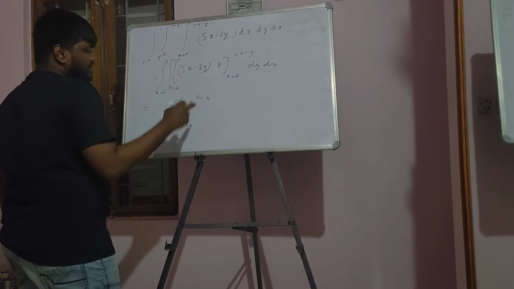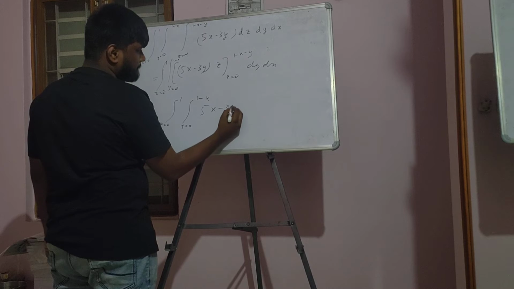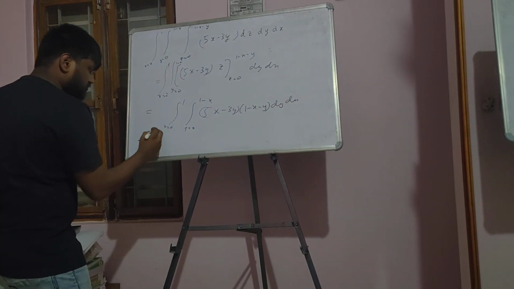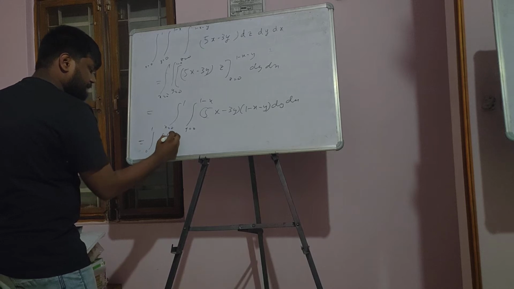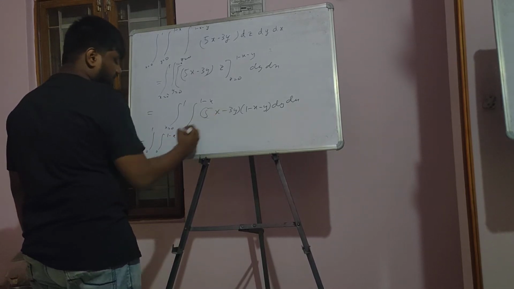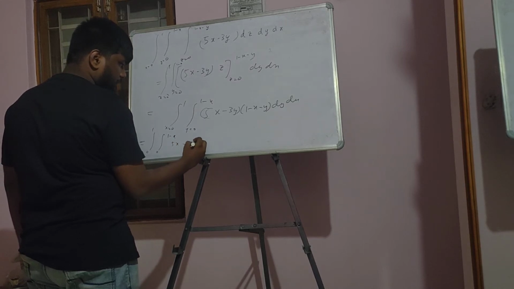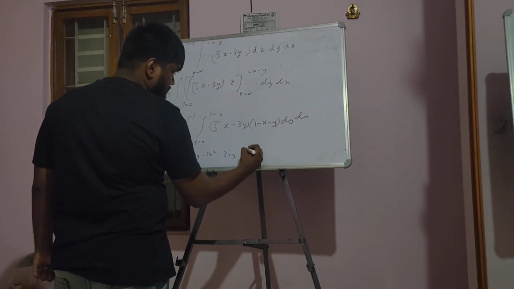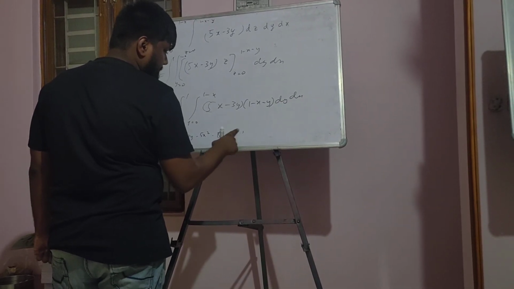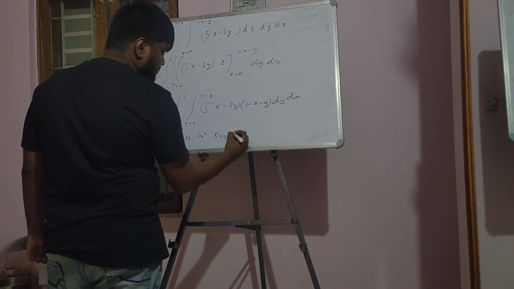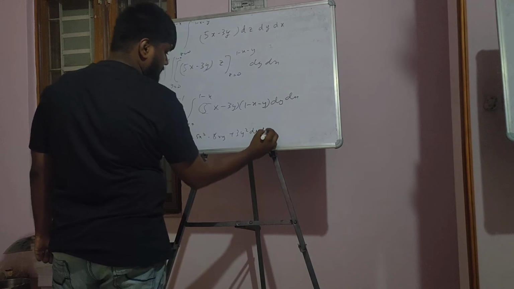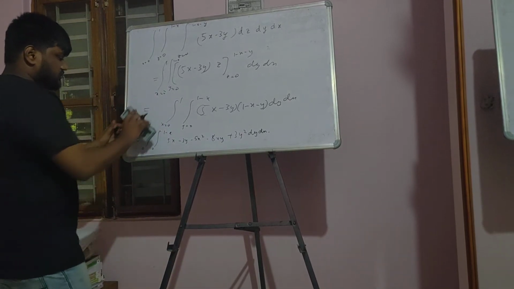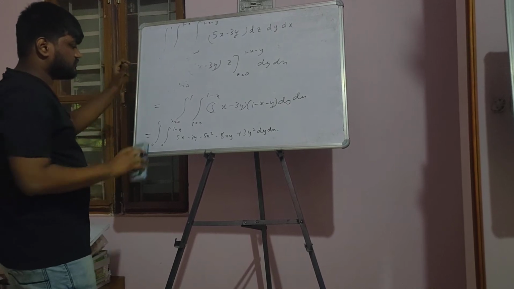When you substitute z equal to 0, this will naturally be 0, so this function is equal to, and this is equal to, 5x minus 3y minus 5x square minus 3xy minus 5xy, so this is minus 8xy, plus 3y square. And now you can do this.